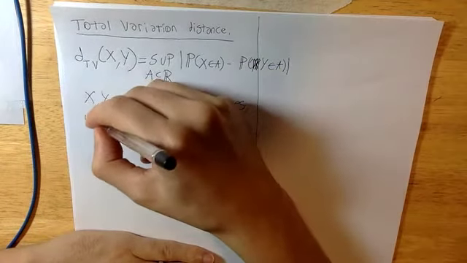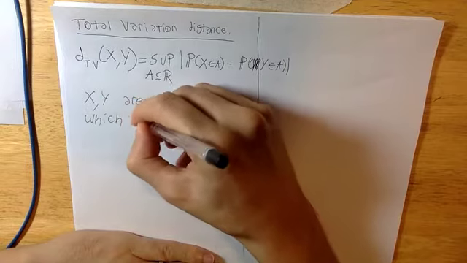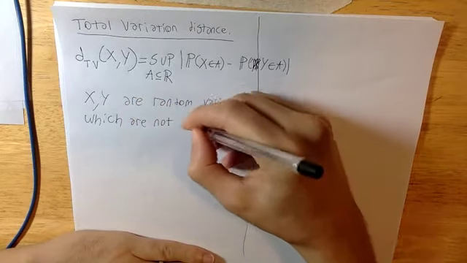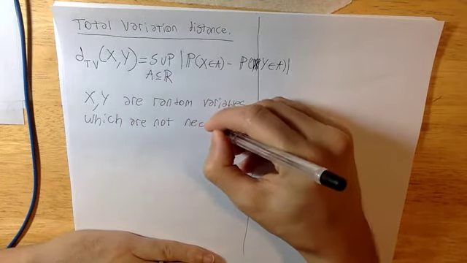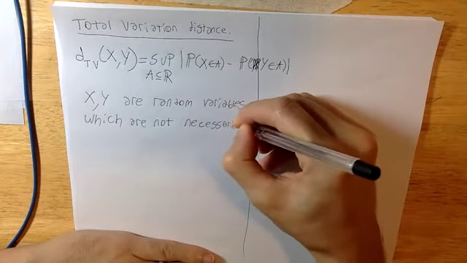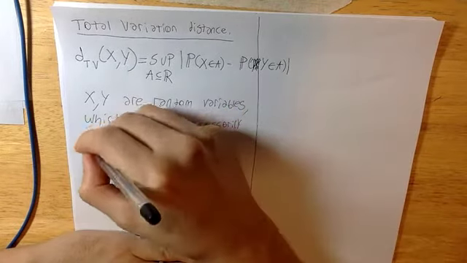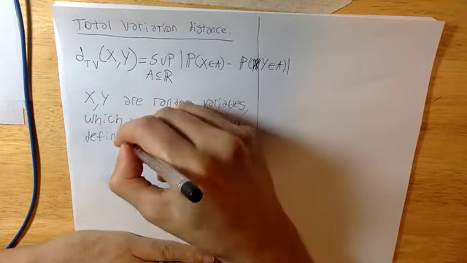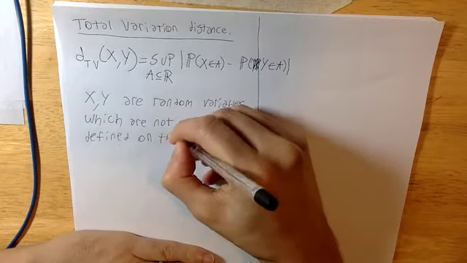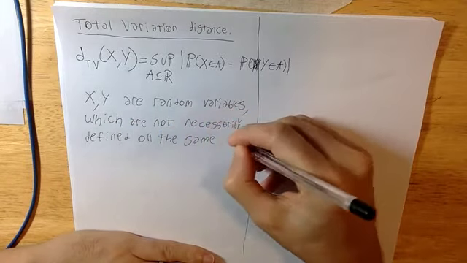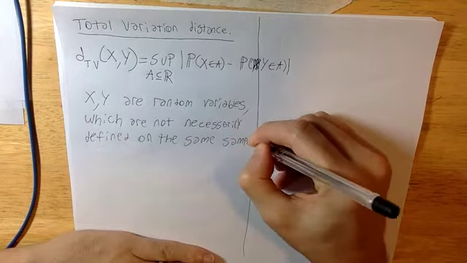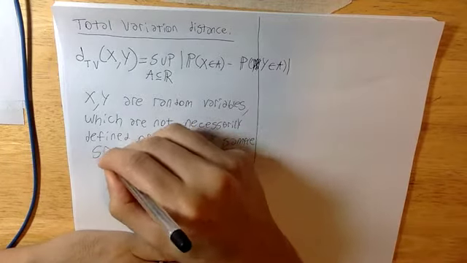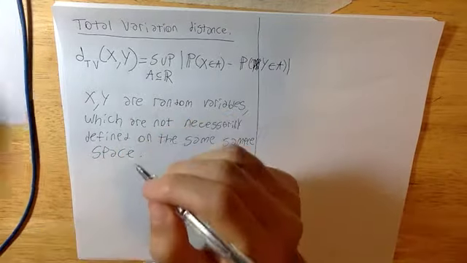Okay, and so here X and Y are random variables which are not necessarily defined on the same sample space. Okay?